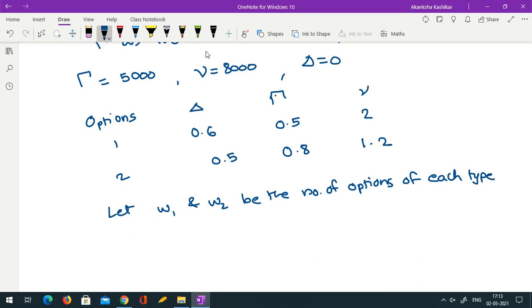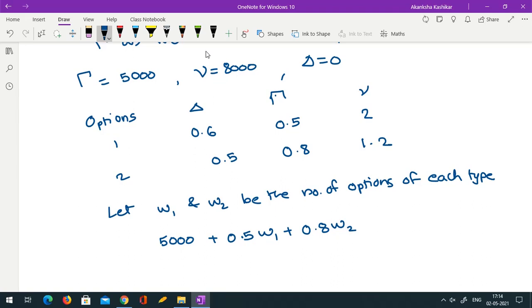Okay. So my current gamma of a portfolio is 5000. So to that I am going to add 0.5 into omega 1 plus 0.8 omega 2.